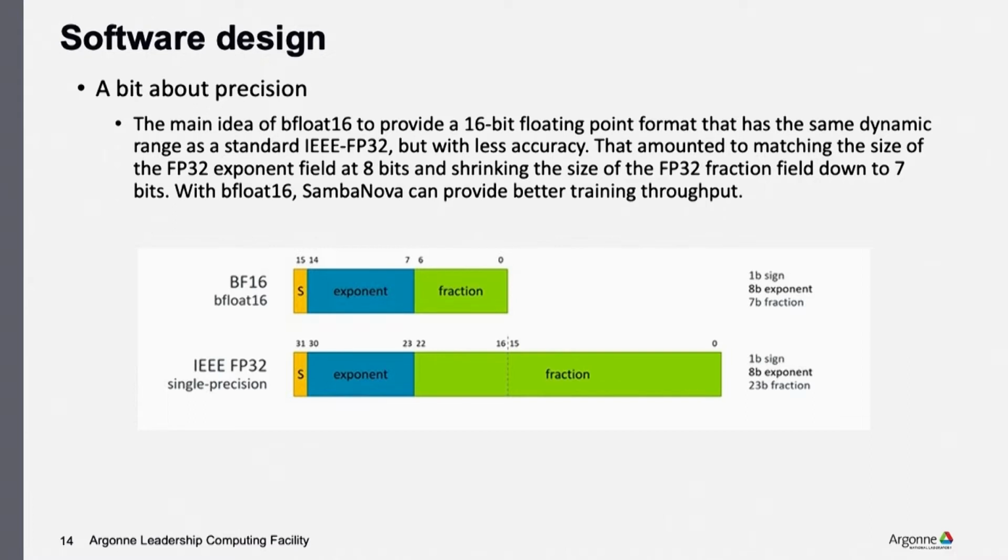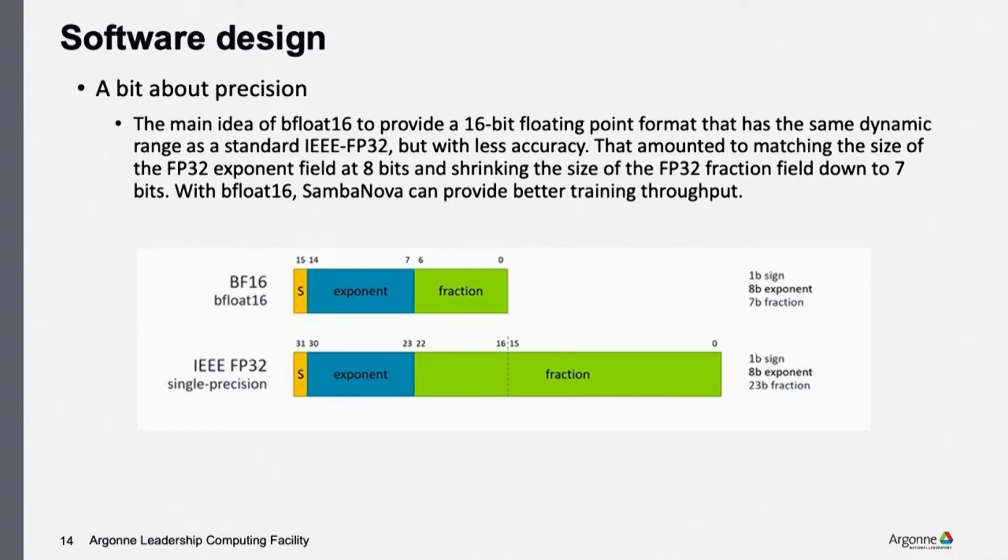The first one is the half precision, named bfloat16. It has one sign bit, 8 bits of exponent and 7 bits of fraction.